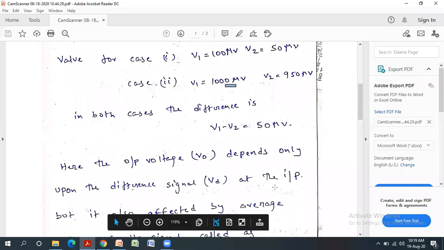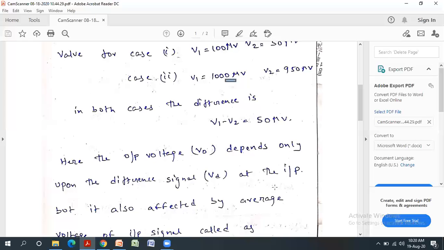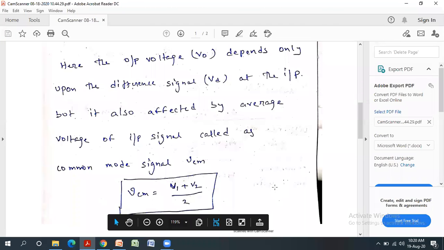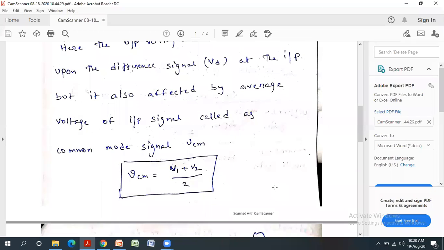That means V0 depends upon Vd, where Vd is equal to V1 minus V2. This creates a common mode signal. So how can we observe this common mode signal? The input is also affected by the average of these two input voltages. That means common mode voltage V suffix Cm is equal to V1 plus V2 divided by 2.